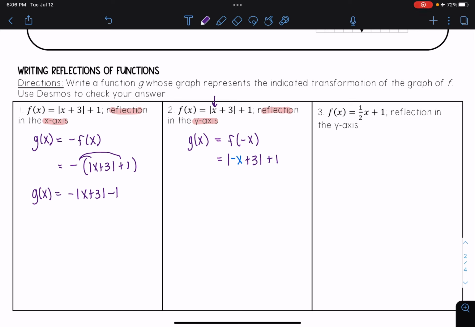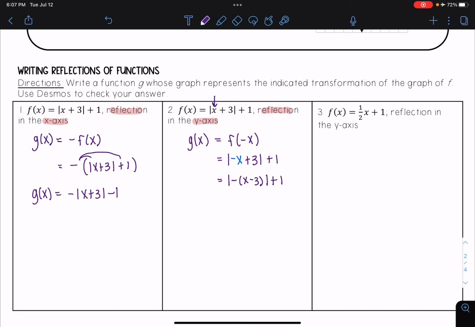Then I can do some operations so that my x will again be positive. To do that, I'm going to undistribute a negative in my absolute value. I'm going to take out a -1, or in other words, just a negative. When I do that, my x becomes positive, and if I take out a negative from +3, this becomes -3.